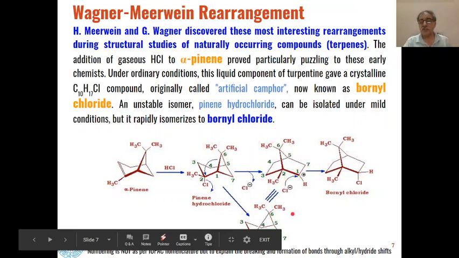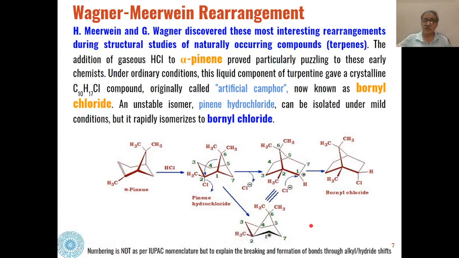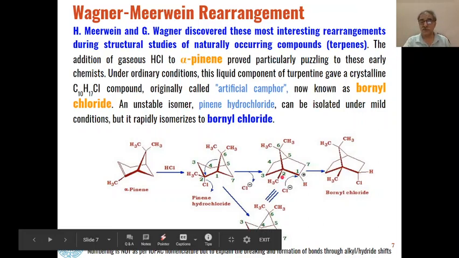So this carbocation that is formed is equivalent to this structure. I have given the numbers not according to IUPAC nomenclature, but just to show how the bonds are formed and how this structure is equivalent to the carbocation we have formed over here.